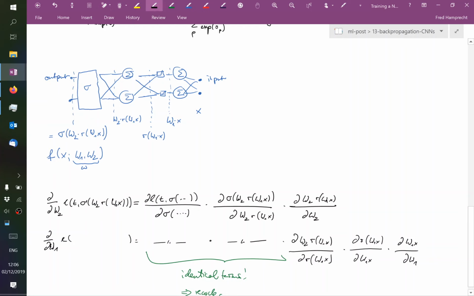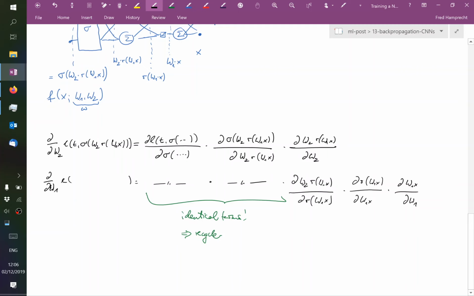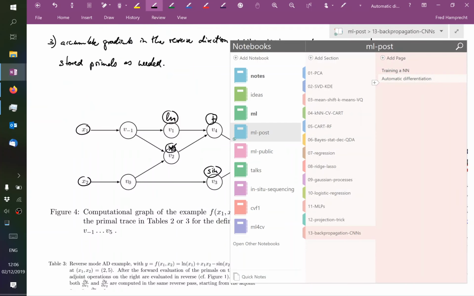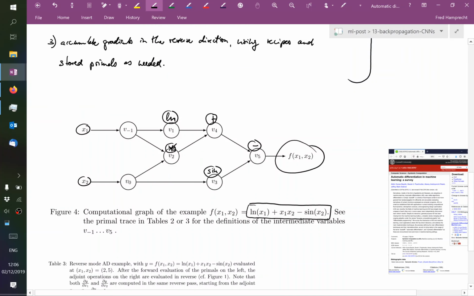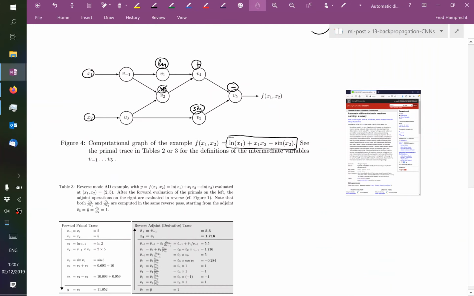And if I now want to compute the derivative of the loss function, which is at the very output, with respect to the input, then I am multiplying these terms here. Each of these terms is associated with one set of edges in my computational graph. So if I now want to differentiate with respect to the input, I can multiply all of these terms associated with the edges to obtain my complete derivative. And we will just work through this example after the break.